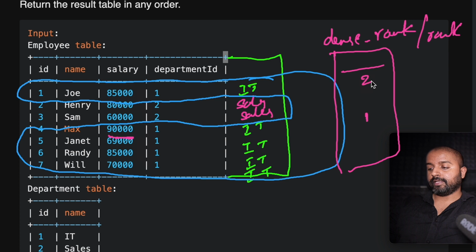So these two people will get 2, and Randy will get 2 here as well as the rank. Next we have 70,000, which would be 3, and then Janet would be number 4 for this particular window.